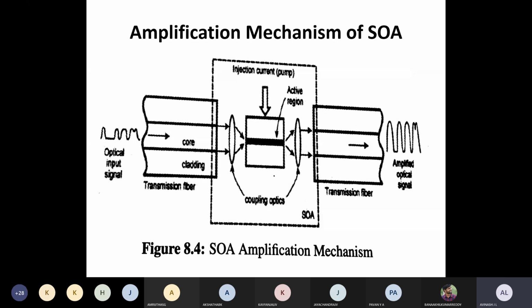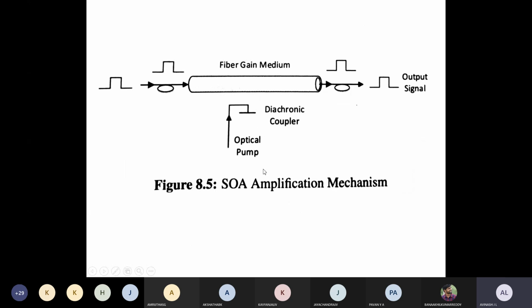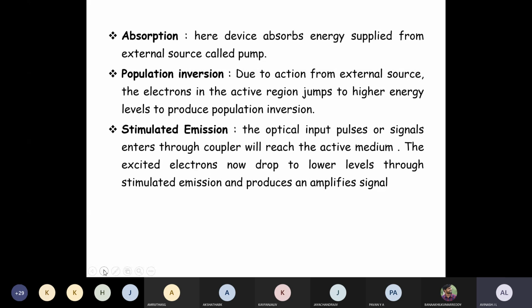When the wave moves to and fro, the intensity level increases, and once the intensity increases, we get the amplification process. That is a very simple concept. Later we understood the simple structure of the SOA amplification mechanism. Today we will understand the process of absorption, population inversion, and stimulated emission.